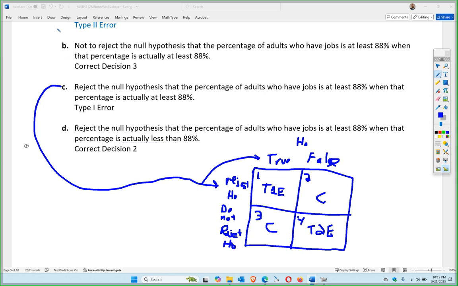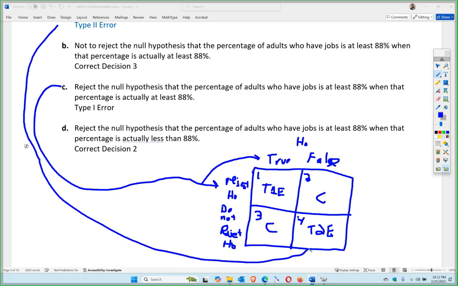And then up here, we did not reject, but it was false. That's this one right here, right? Decision 3 is this one, and decision 2 is that one. All right, so it's always one of those 4 outcomes in every hypothesis test.